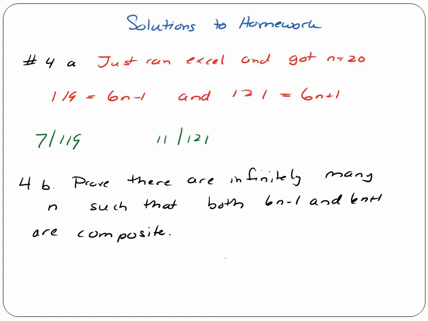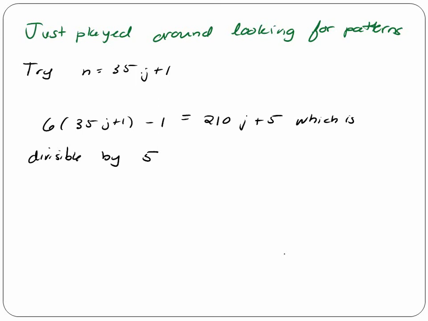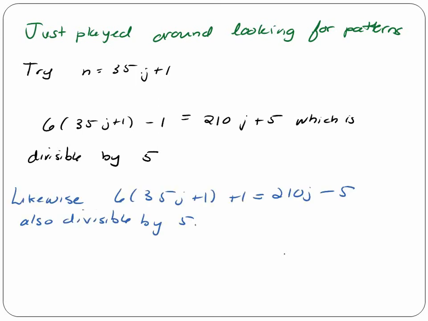I just played around with the numbers and saw right away that it was false. And here, I played around with the numbers and guessed until I found one thing that violated it. I kept trying until I got an example where that particular n would make this divisible by 5.